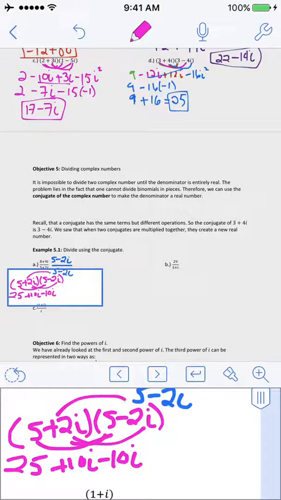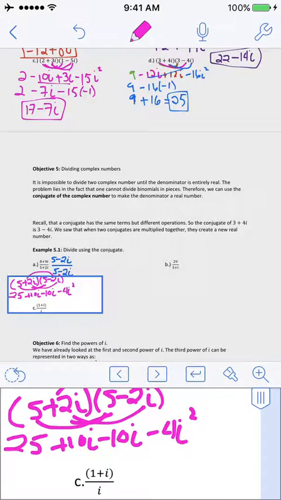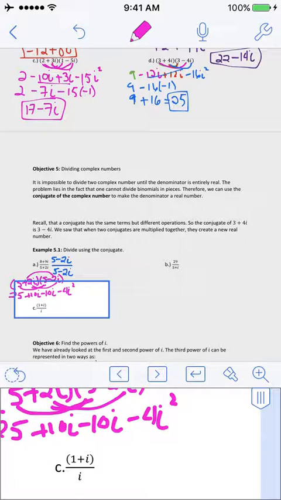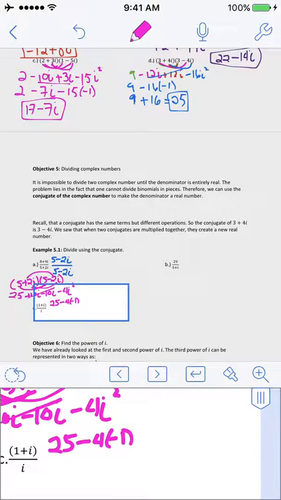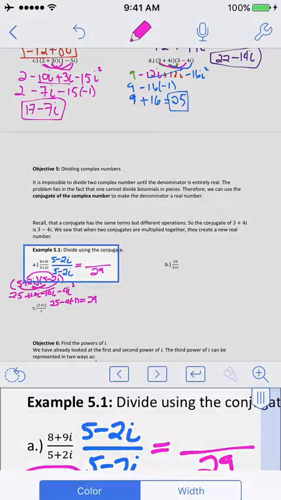And then at the end you have 2i times negative 2i, which is negative 4i squared. Here we end up with 25. These guys cancel. Minus 4 times negative 1. So 25 plus 4, or 29. So on the bottom, we end up with an entirely real 29. What about the top?